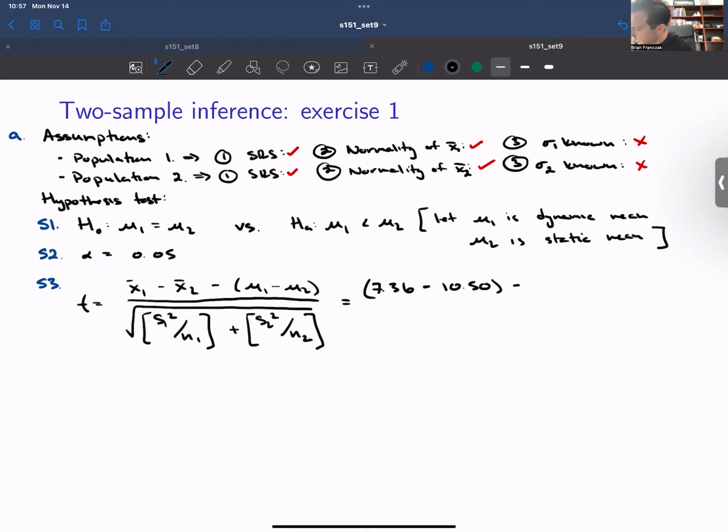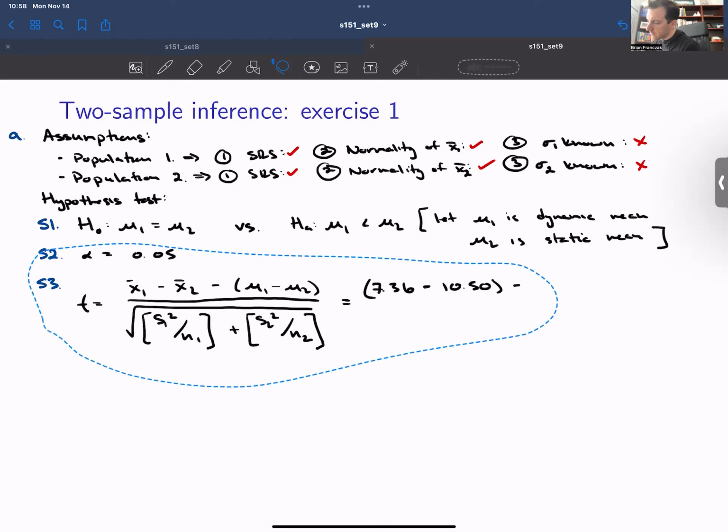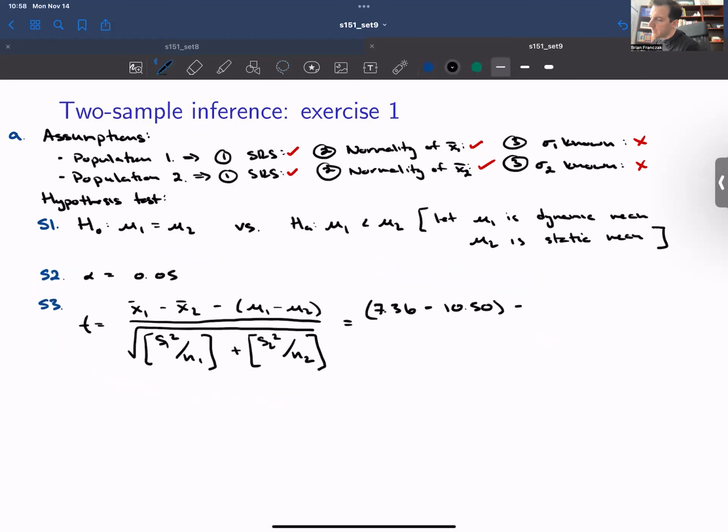Right. Now, what about this mu1 minus mu2? Mu1 minus mu2 is going to reflect what the difference is equal to based on the null hypothesis. Okay, in the null hypothesis, we have H naught: mu1 is equal to mu2.